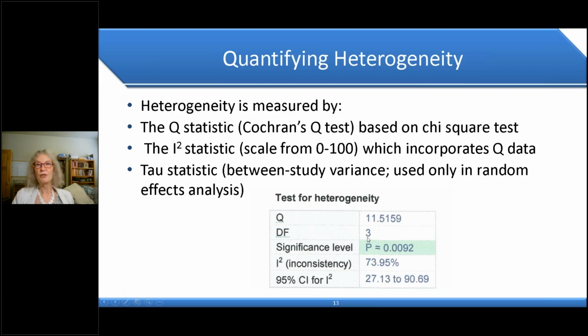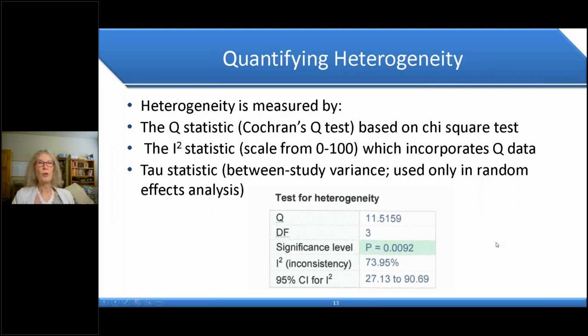These are degrees of freedom. Don't worry about that. There's your significance level. And then we have this amazing thing that was invented about 12, 15 years ago called the I squared statistic. This is a scale which incorporates that Q statistic, and it runs from 0 to 100%. So in this one, you can see it's about 74%, and there's your 95% confidence interval.